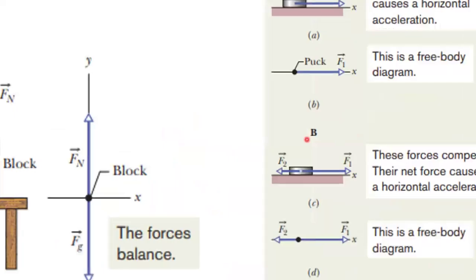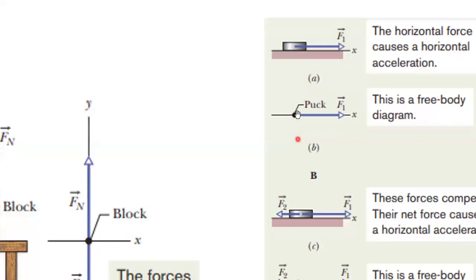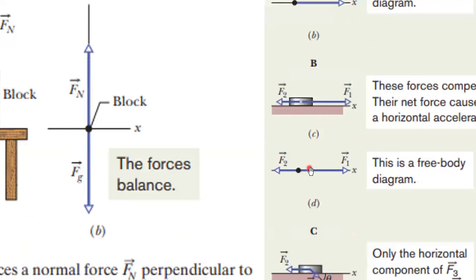Right, so here are some free body diagrams. There's the ice hockey puck here. It doesn't matter what the shape of the object is, we can just draw the diagram like this. There are two forces in the same thing.